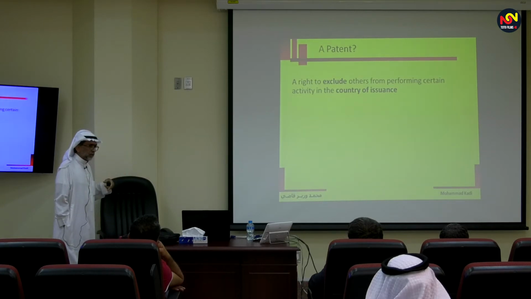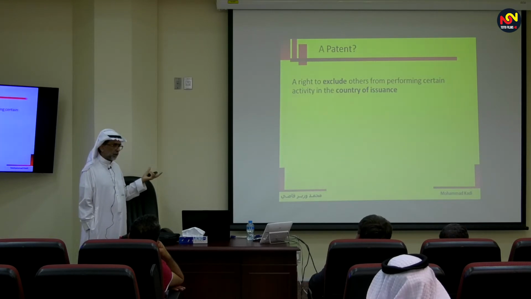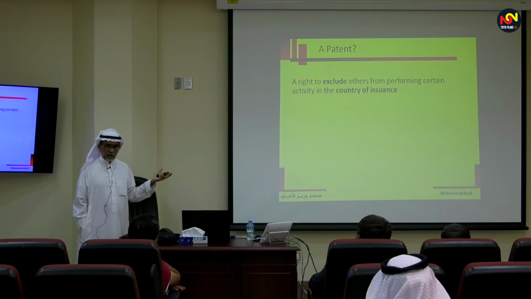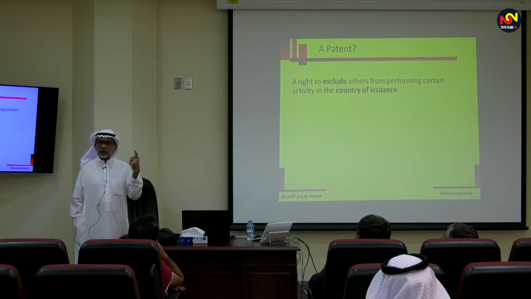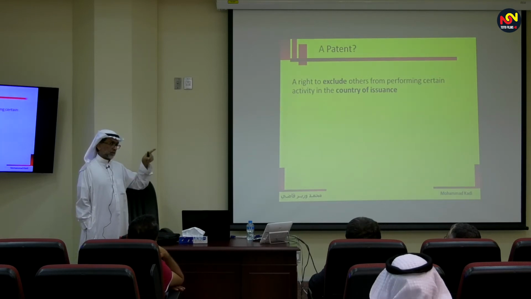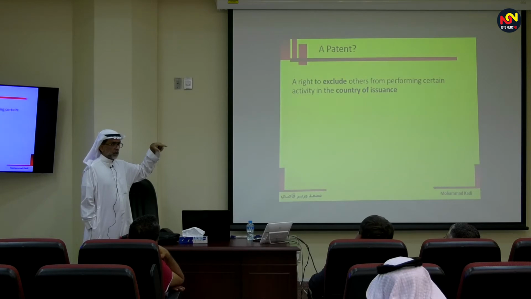A university, which is not a commercial body and is not a company, does not have a lot of financial resources, so it will protect the patent in one country unless it has the infrastructure of commercialization, which we talked about in the stages.